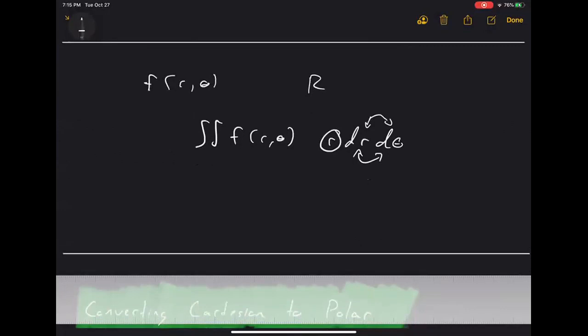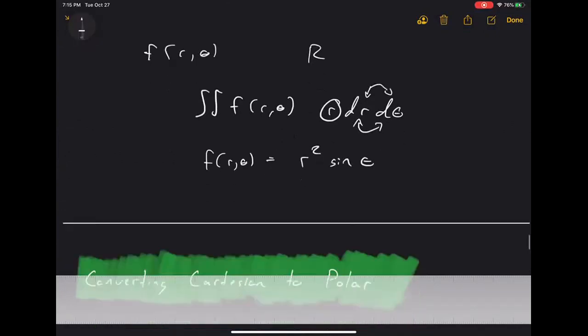Even if our function already has an r, so even if our function is like r squared sine theta, when we integrate that thing, we have the r squared sine theta, sure, then we have r dr d theta. And then we combine that r with the r squared and we get r cubed.